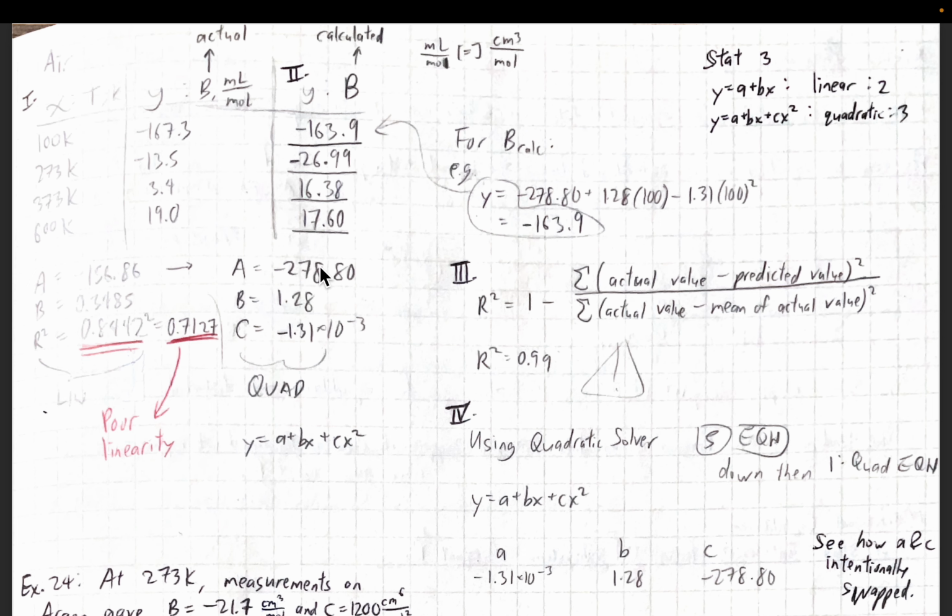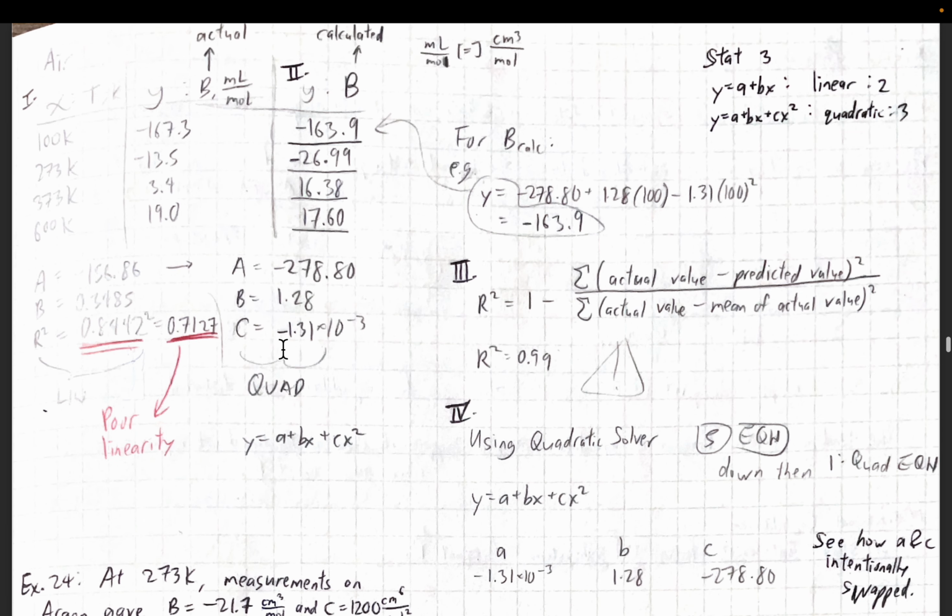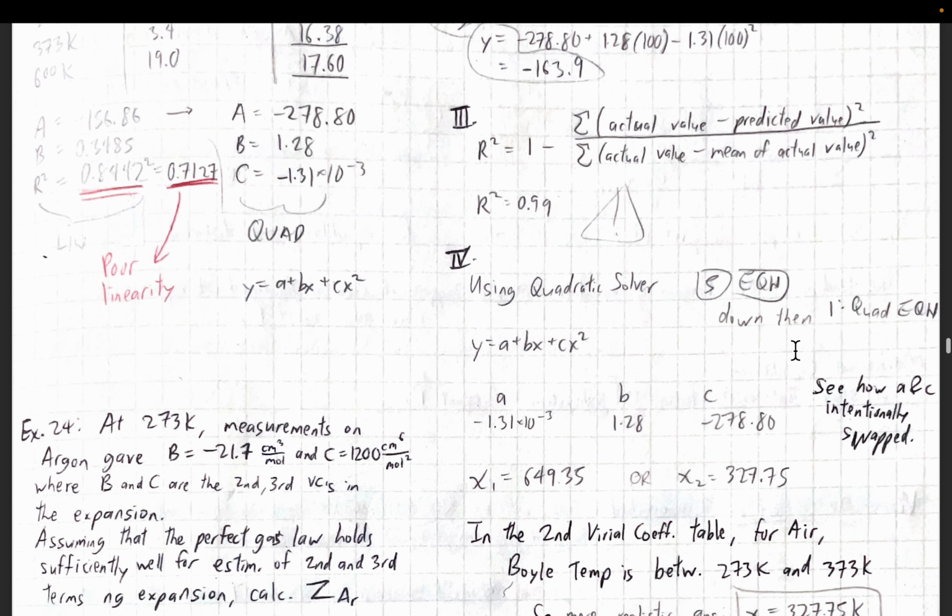In the notation of your quadratic solver, when you press 5 equation, this is what you see: a plus bx plus cx squared. The small c here is supposed to be the capital A in your quadratic regression. The small b is the same as the capital B here, and the small a here is the capital C in your regression. So, yeah, see how A and C are intentionally swapped.